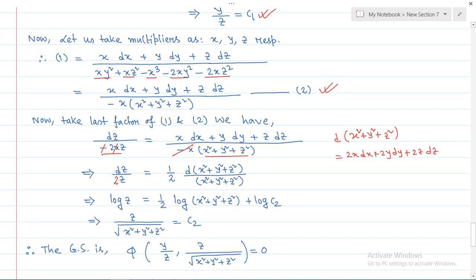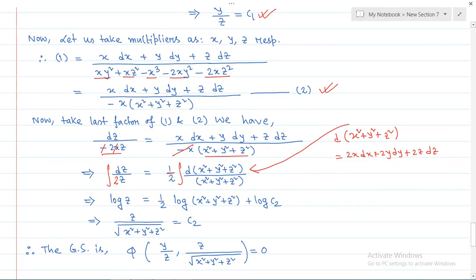But in the numerator you see no 2 is there. So this 2 basically I have to adjust. That is why I have taken 1 by 2 outside, and thereafter I am taking the differential of this x square plus y square plus z square. Already the denominator x square plus y square plus z square is there. So we will just integrate these two terms.